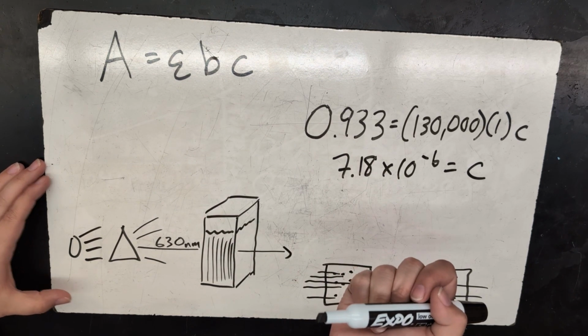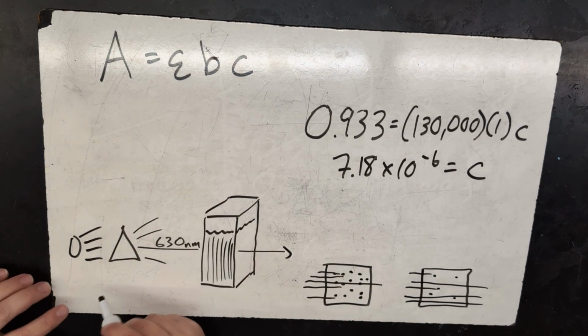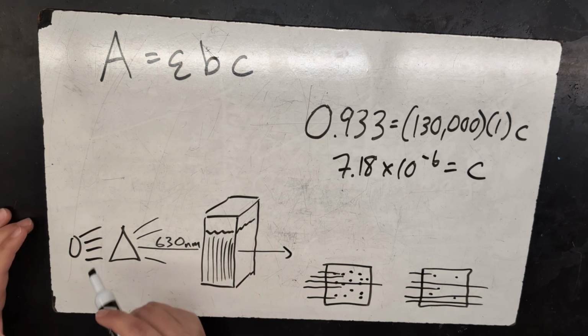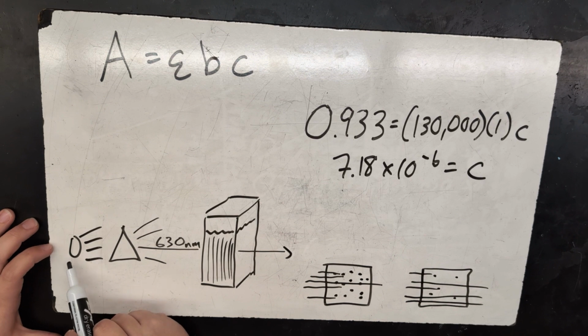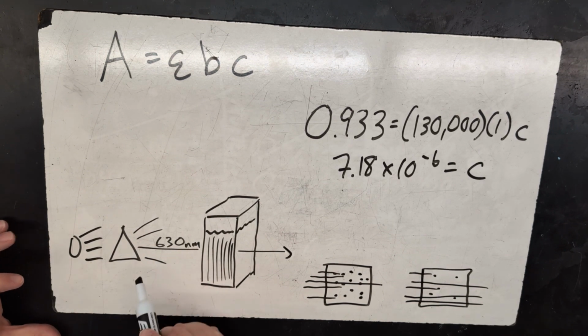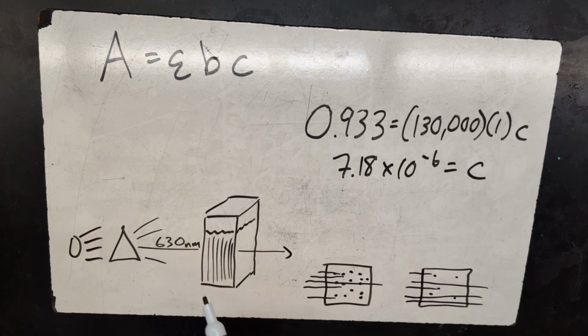I always like to use this opportunity to talk about what absorbance really means. So here's my really simple drawing. In the spectrophotometer, there's a light source, and then there's also a prism and a diffraction grating. The prism breaks up the light into different wavelengths, and then the diffraction grating helps to select for one particular wavelength.